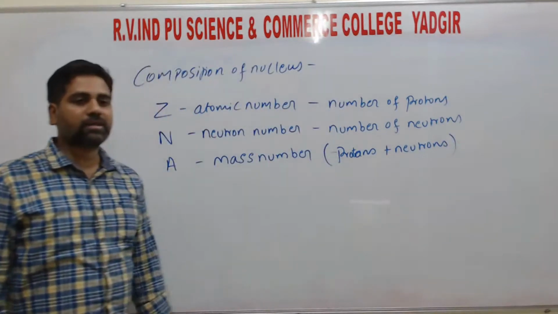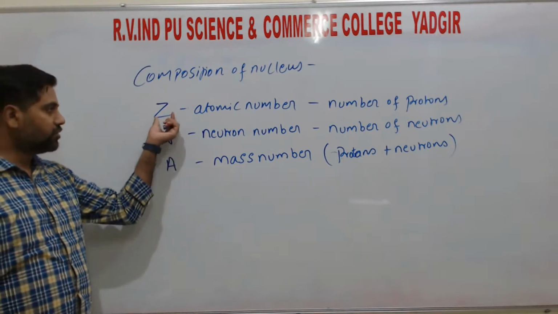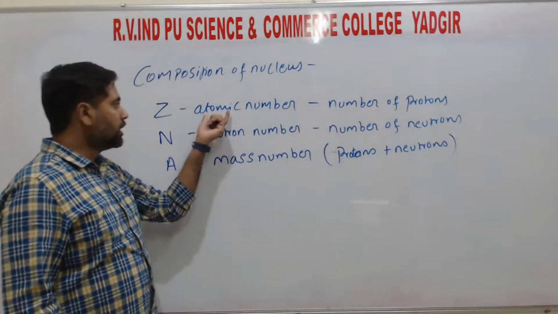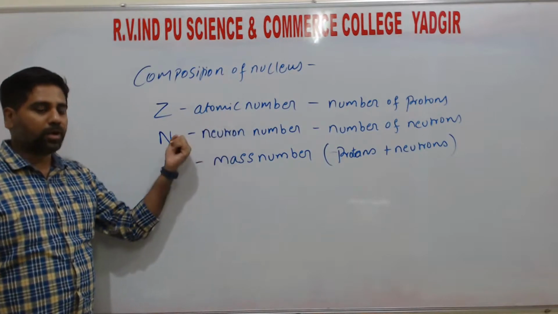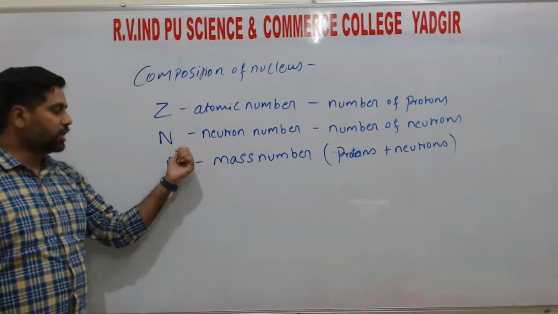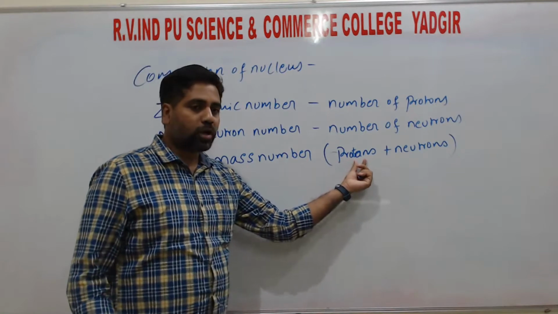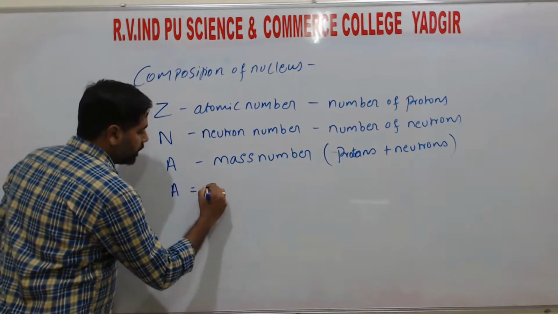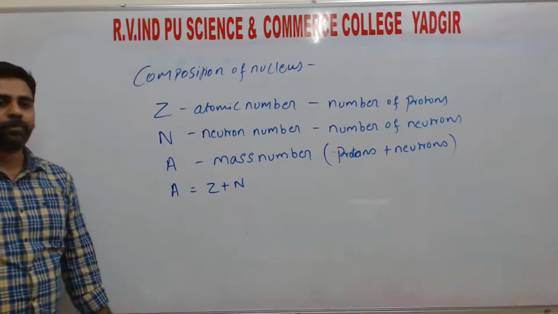That one is represented by A. Where Z is the atomic number, the number of protons present in the nucleus, and N is the number of neutrons. The mass number A is equal to the sum of the protons and the sum of the neutrons. So A can be written as A equals Z plus N, right?